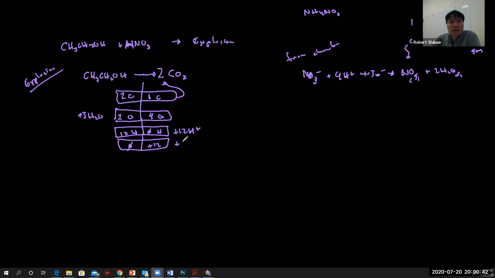And so this is plus 12 electrons. You can see ethanol is pretty electron rich. It's losing 12 electrons, according to this. Now, we're going to have CH3CH2OH plus 3 waters. It's our reducing agent. This is going to go to 2 CO2s, plus 12 H plus, plus 12 electrons.